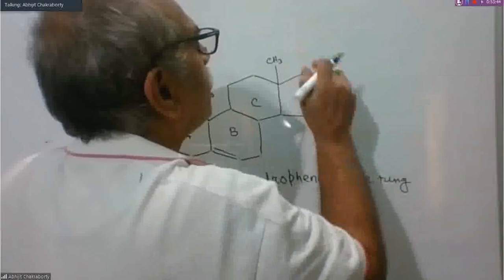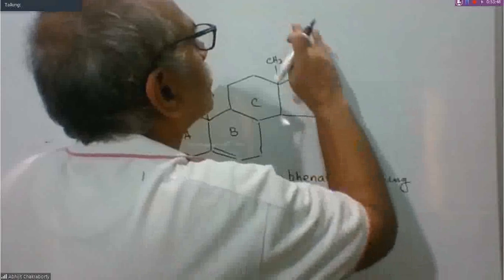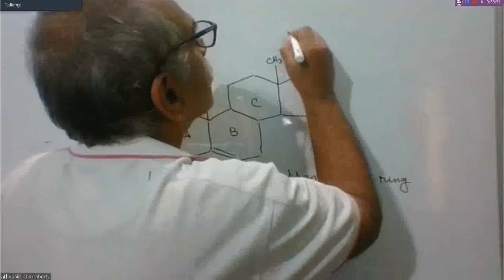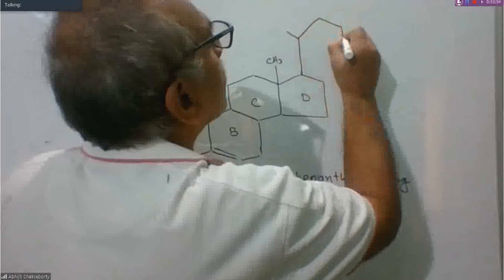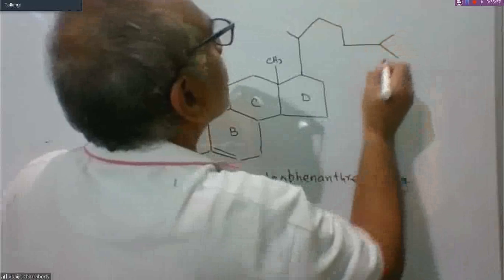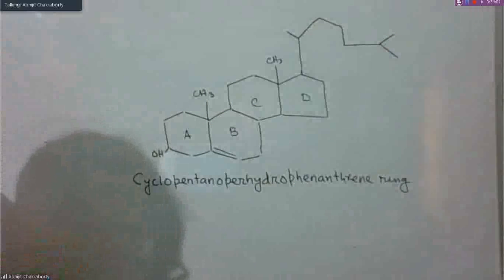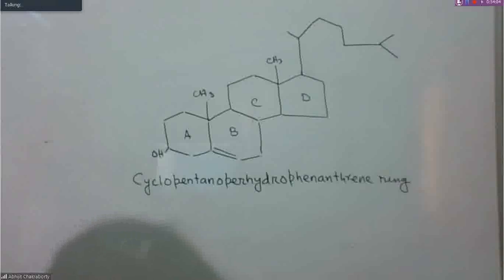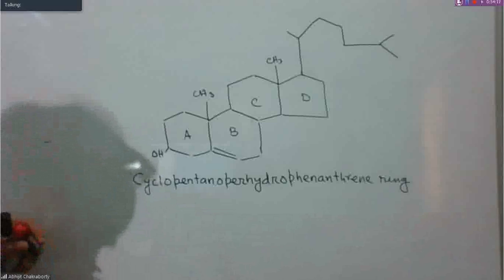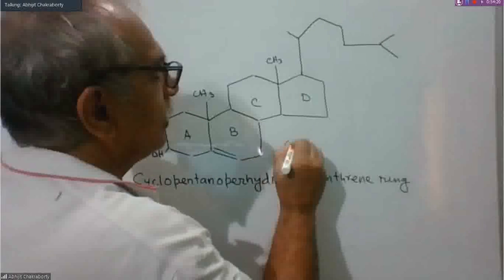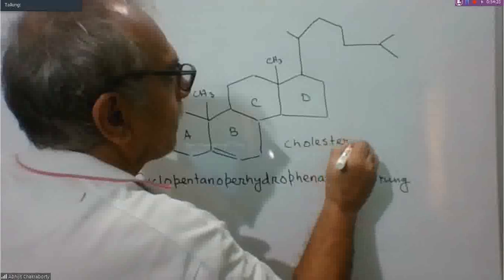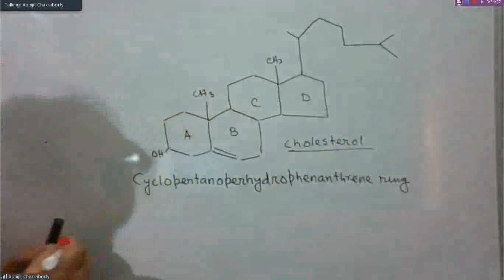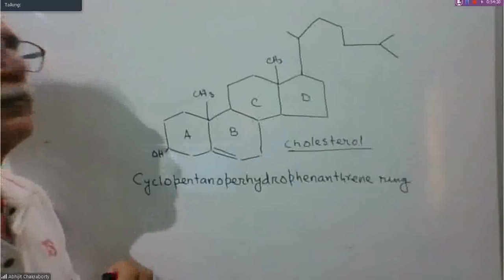One 8-carbon aliphatic chain is added to it. Now you can call it cholesterol. Clear?